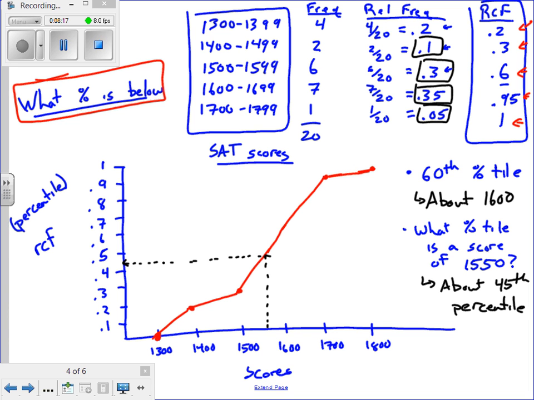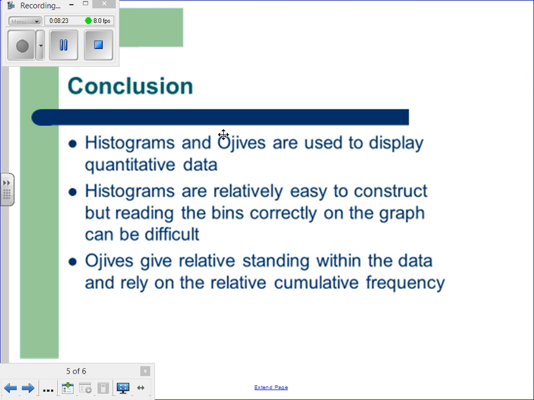The big question for you guys is, what percentage is below? And then also how to use it appropriately. So at the end of the day, some of the things to think about: histograms and ogives are both used for quantitative data. So we have another quantitative graph. And depending upon what you want to present, what you need to show your audience, your readers, could determine which type of graph you want to use in this situation.